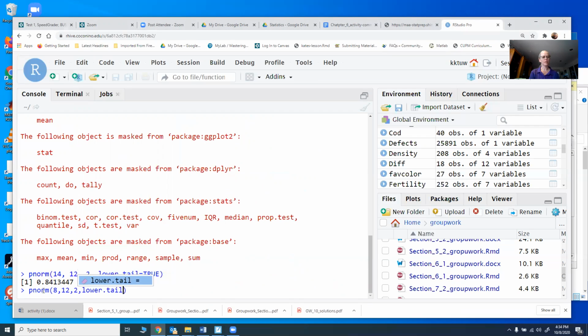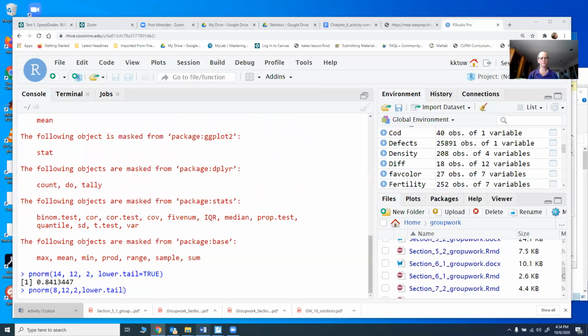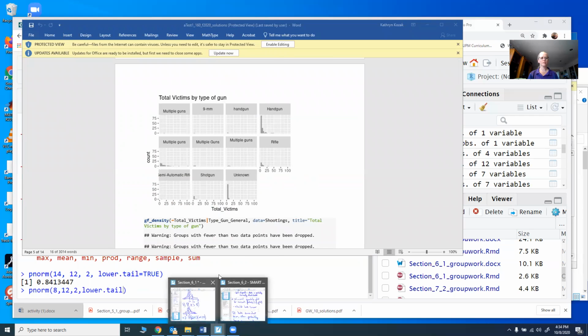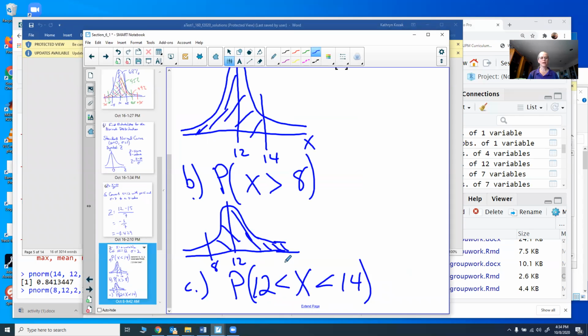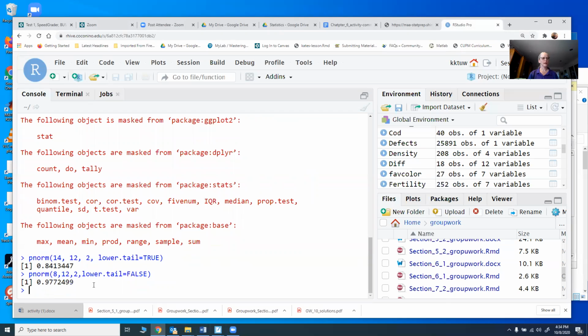And our lower dot tail, if I go back and look at this graph, and this is why the graphs are useful, I notice that I'm not shading the lower tail. The lower tail is down here. I'm up here. So I want the lower tail to be false in this case. So lower tail equals false. Hit return, and there's your answer.